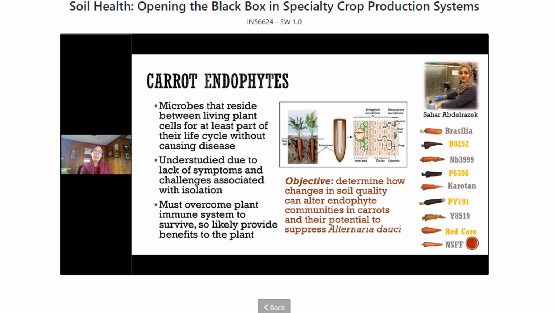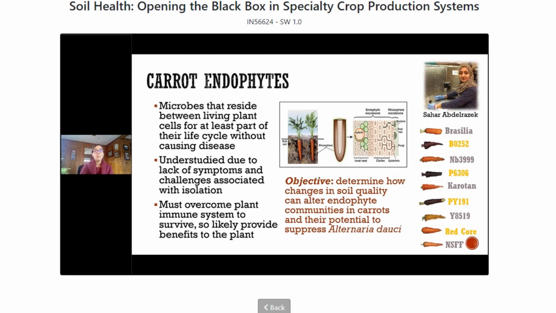They're interesting because we know that for them to survive inside a plant, the plant must relax its immune system to let them in and let them survive so that they're not acting like a pathogen. While they've been understudied, we're not sure what they do. It's likely that they probably have some beneficial roles.